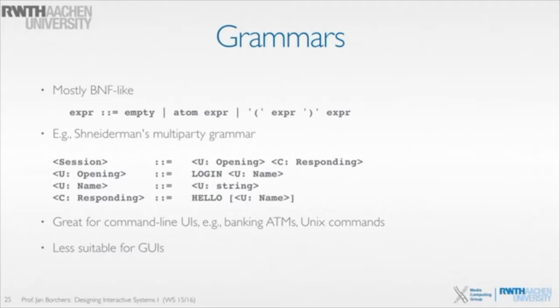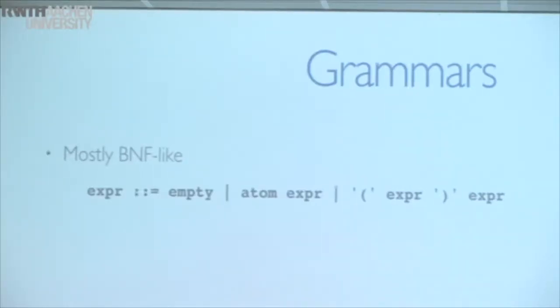We're really looking at a recursive definition, right? It's saying any expression can either be an empty expression or it can be an atom followed by an expression. So that means we can have atoms, atoms, atoms, atoms, atoms. Or it can be an expression that is enclosed by parentheses plus another expression. So this basically describes a simple form of an expression that consists of atoms and brackets around atoms. That's the idea behind this.